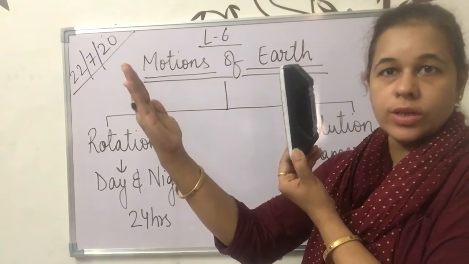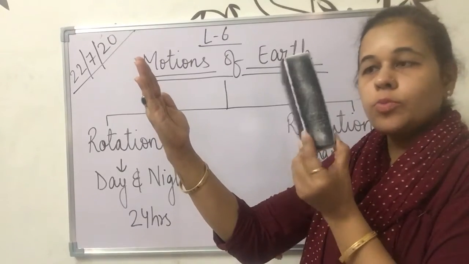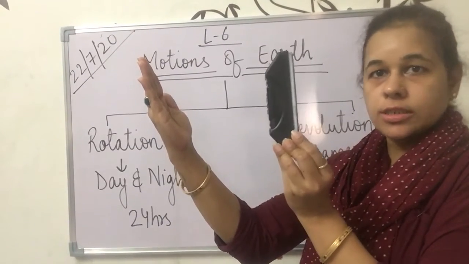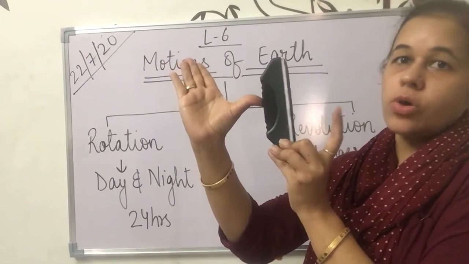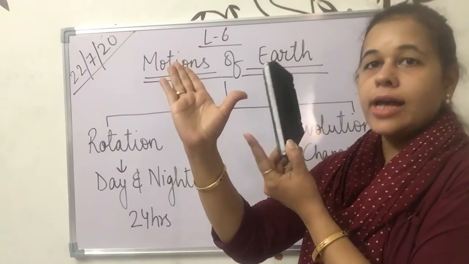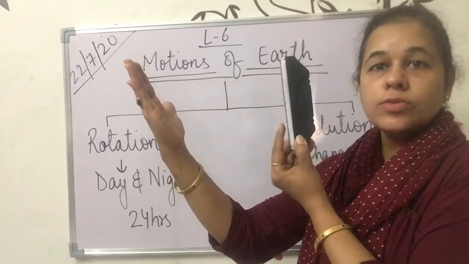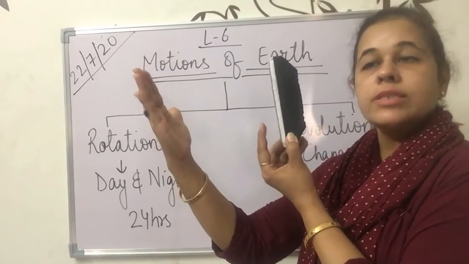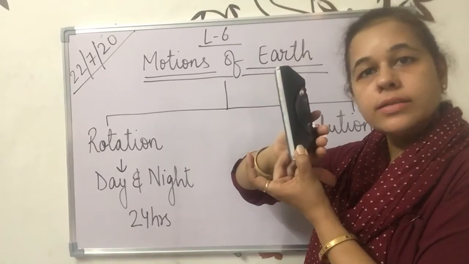The sun stays at one place only, the earth moves. Previously this black side was on the earth's sun side, so it was receiving the light, and the part on my side was dark. Now it has rotated and moved. Now this part which is in front of the sun is receiving the light. That means now this part is having the day and the back part is having night.